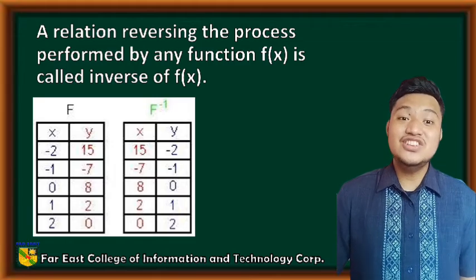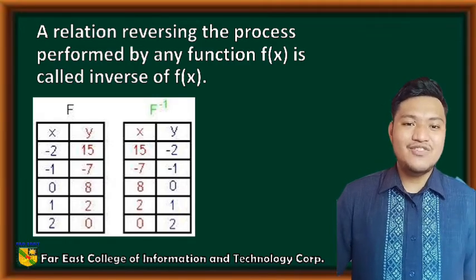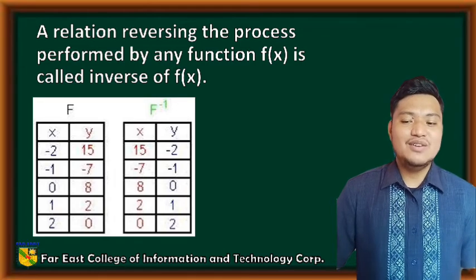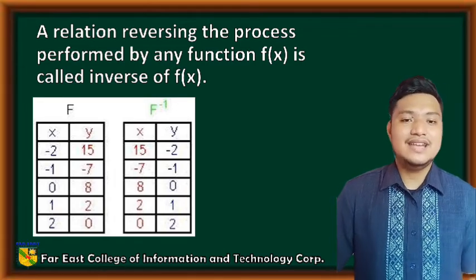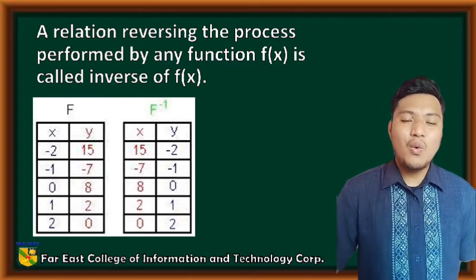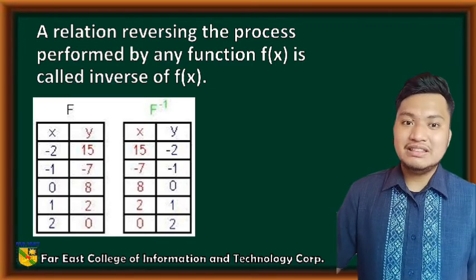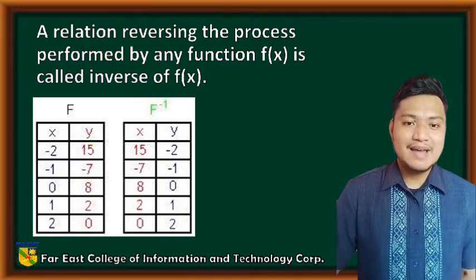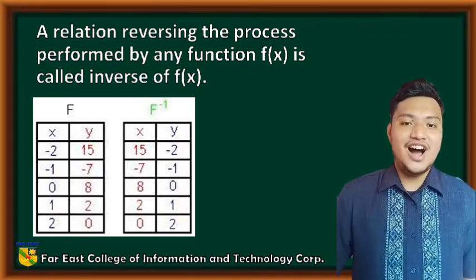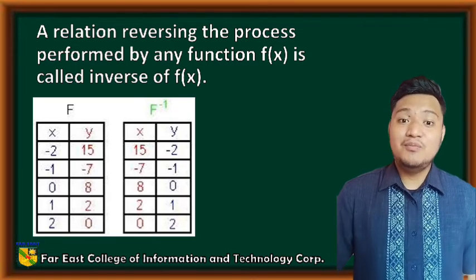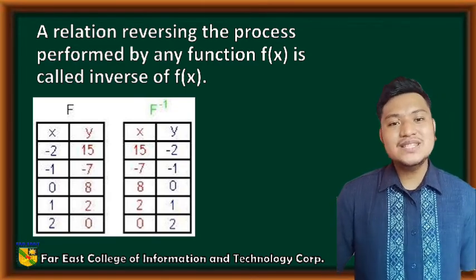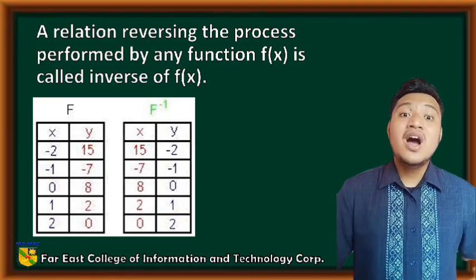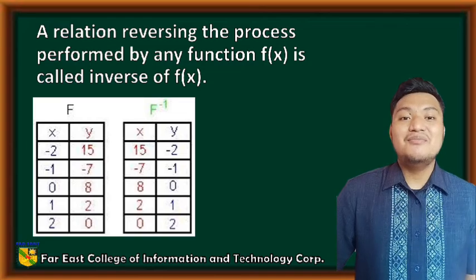Previously they were y values and now they are x values. And the y values are negative 2, negative 1, 0, 1, and 2, which were originally x values. So the inverse function of the first figure is the second figure, where you exchange the variables.